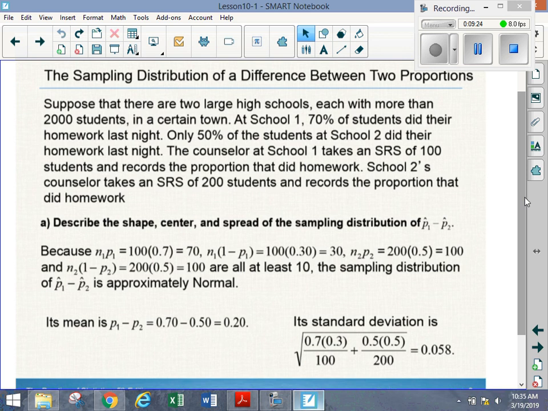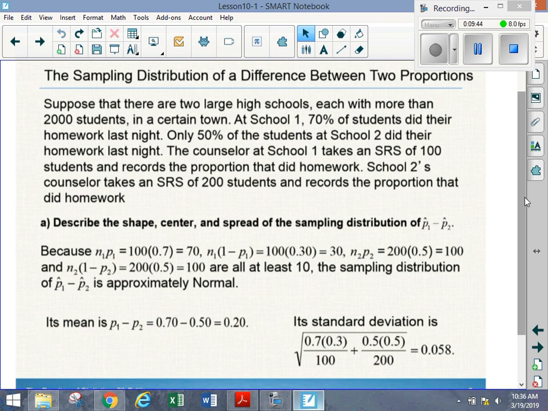We have some parameter p that we'll call p sub 1, which is 0.7. And then we have a parameter p sub 2, which is 0.5, representing the 50% of the students at school 2 that did their homework.